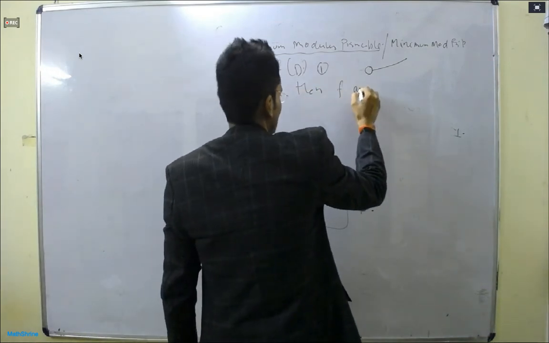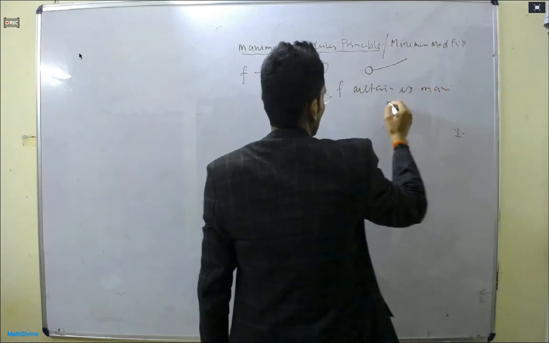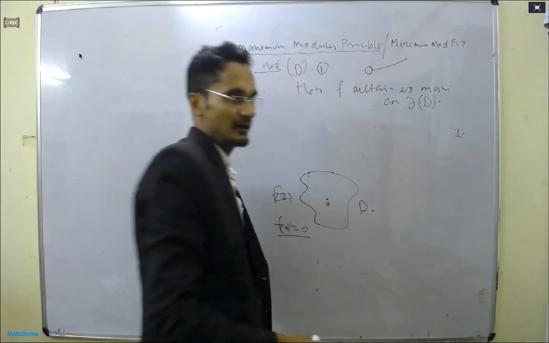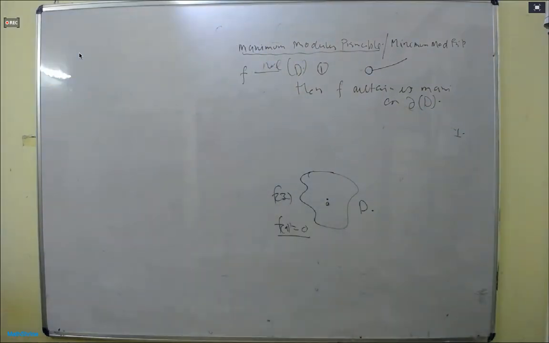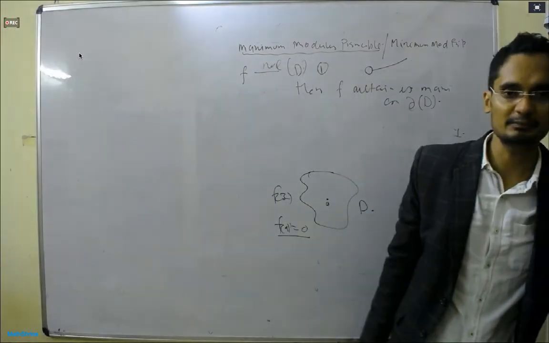The second thing, f attains minima on the boundary of D, provided f is non-zero for all z belonging to D.